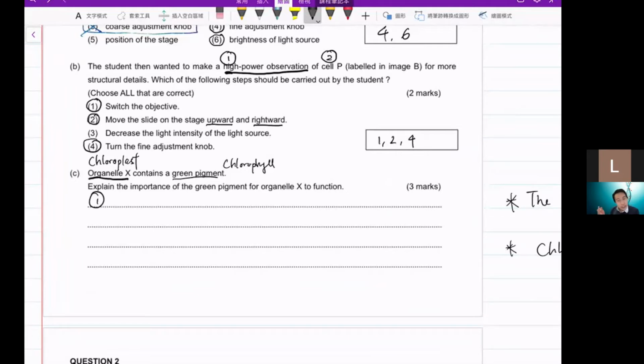Okay, then what is the use of chlorophyll in chloroplast? So chlorophyll is a green pigment that absorbs light. Okay, because photosynthesis needs light, so chlorophyll absorbs light.